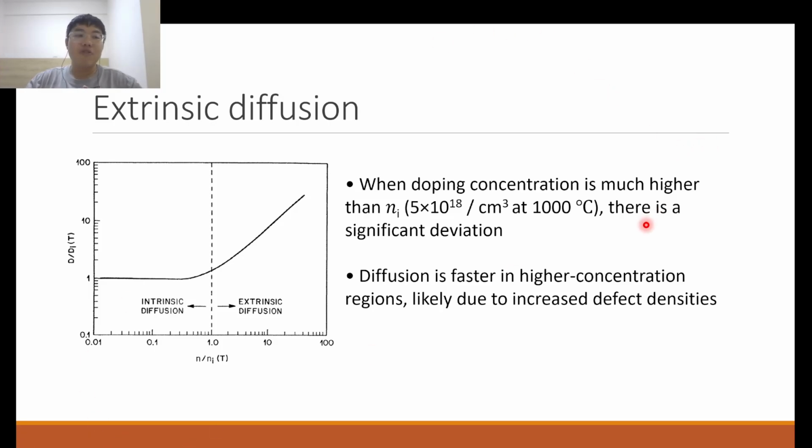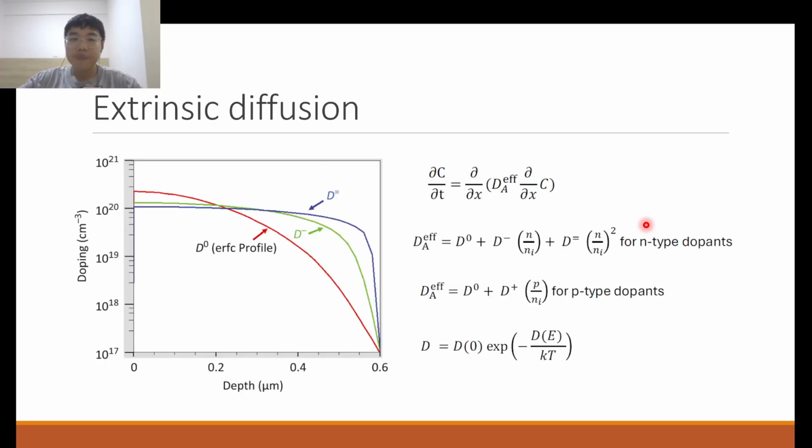So diffusion is often driven by defects, and so if there's an increase in the defect density, there will certainly be an increase in diffusion. So the effect is that now your diffusion coefficient is a function of your doping concentration.